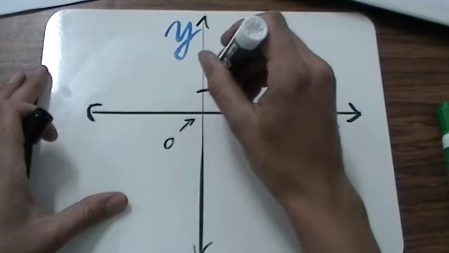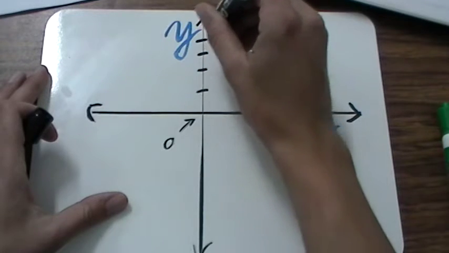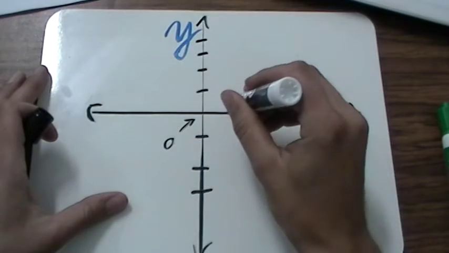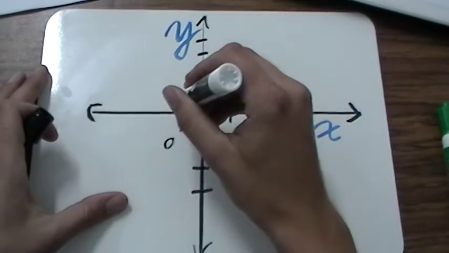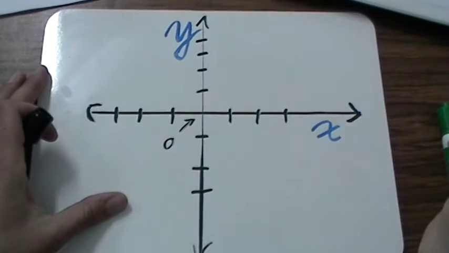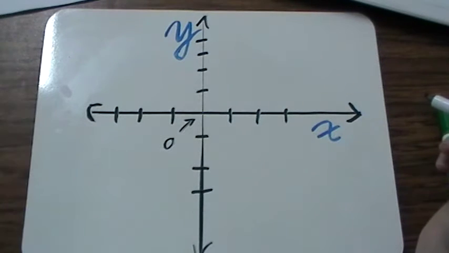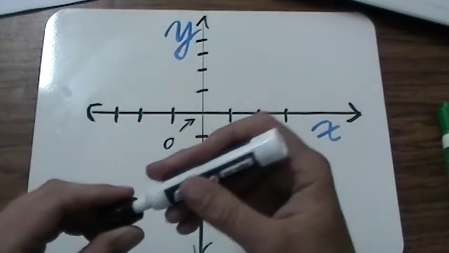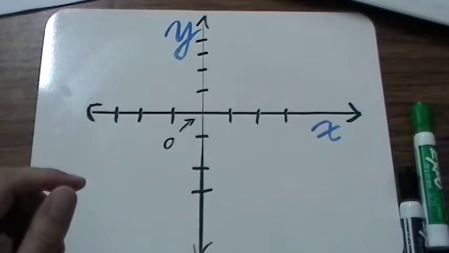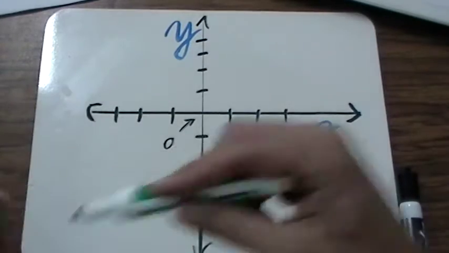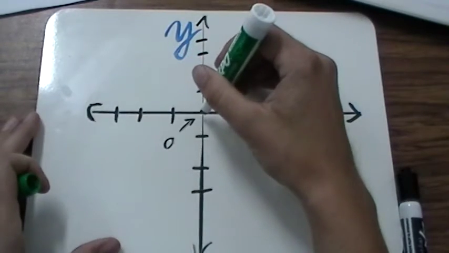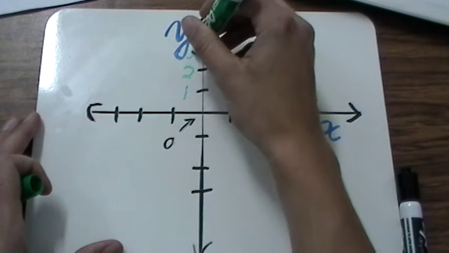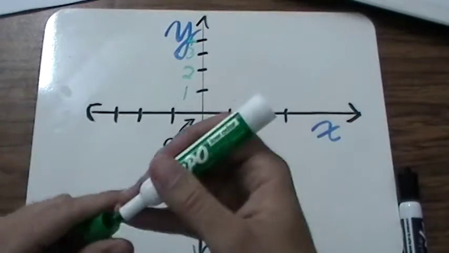And now if I have lines going up and lines going down and lines going to the side, they help mark off where I'm talking about. And this week, each line represents the number 1, okay? So if I'm starting at 0, going up, I've got 1, 2, 3, 4.